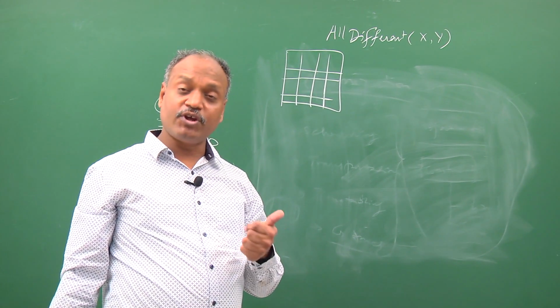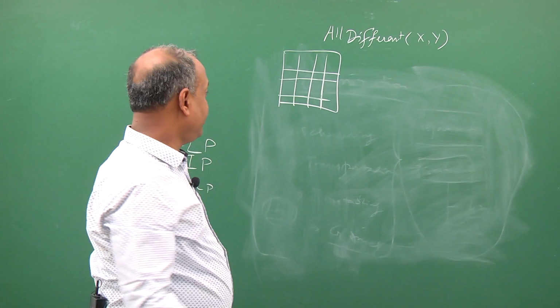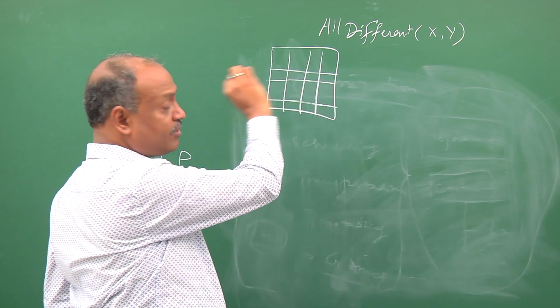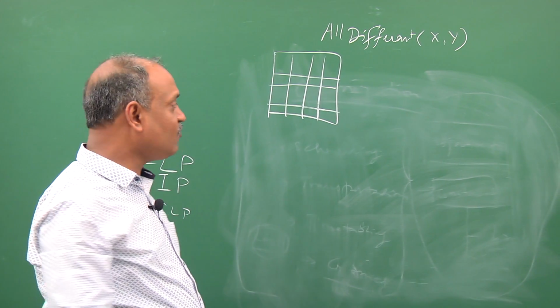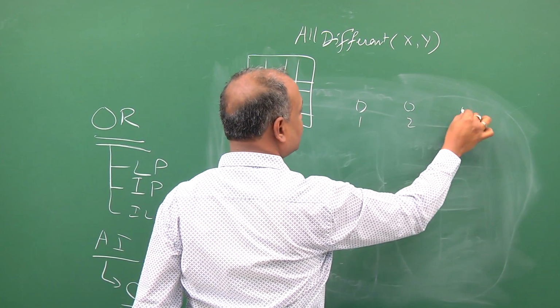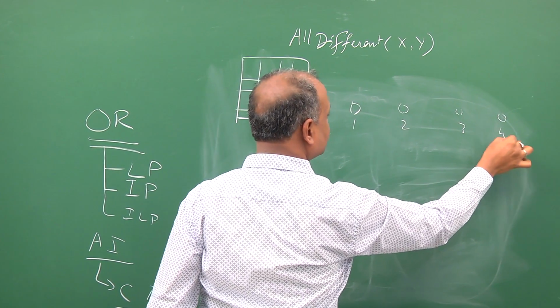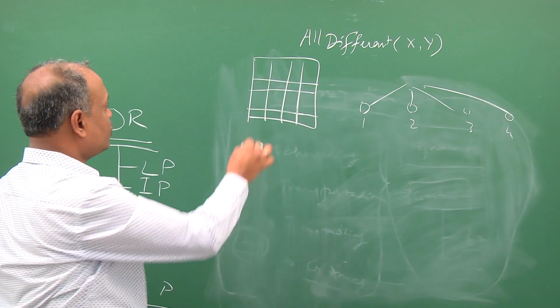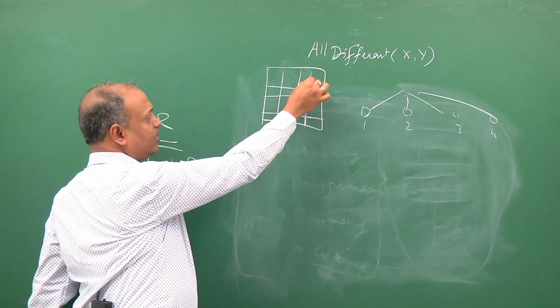What is the characteristic of a queen attacking a queen? It cannot be on the same diagonal, the same row, or the same column. So you start with the first queen, which you can place here or here or here or here.